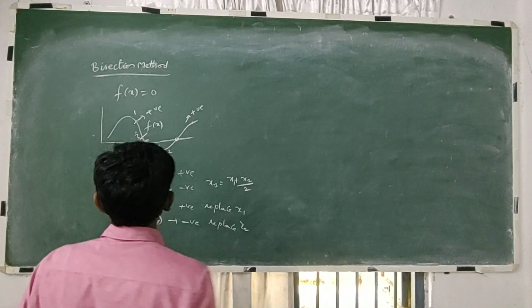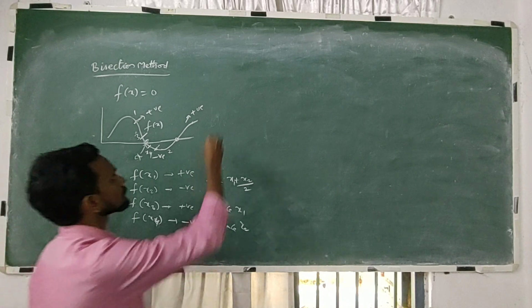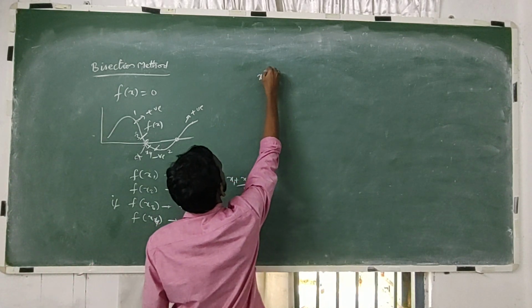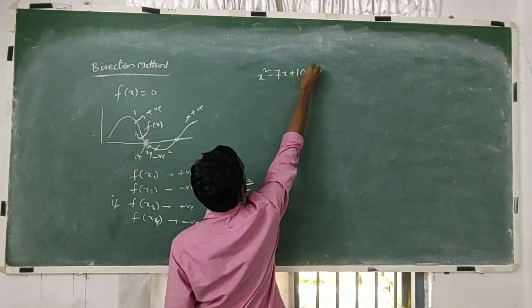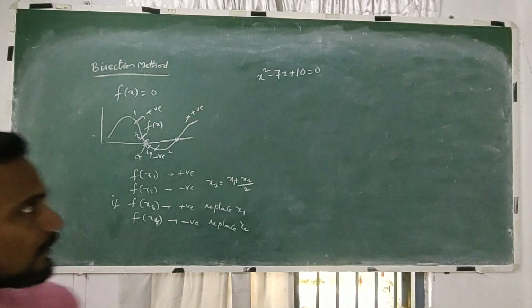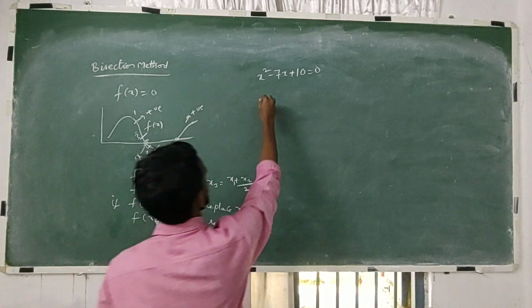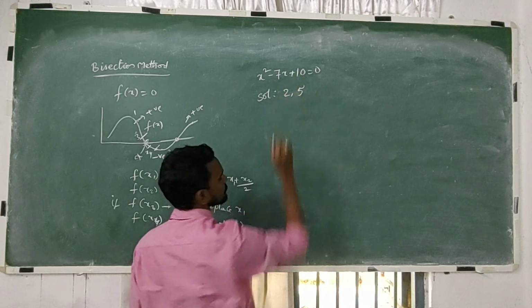Now I am considering the same equation, x square minus 7x plus 10 is equal to 0. The exact solutions are 2 and 5.